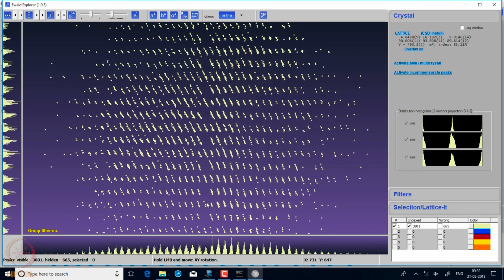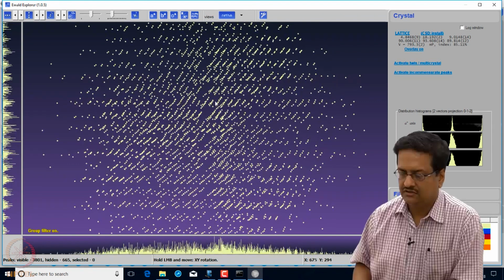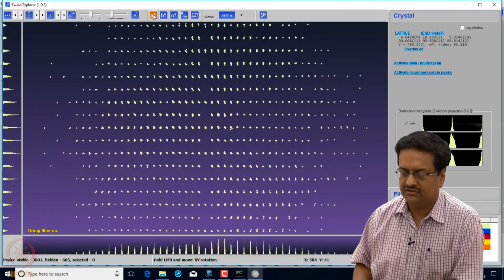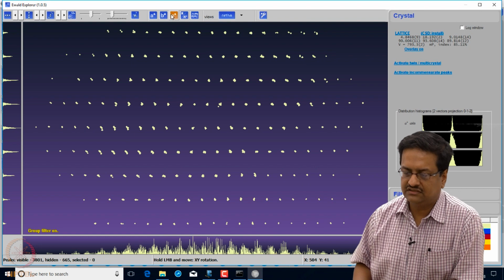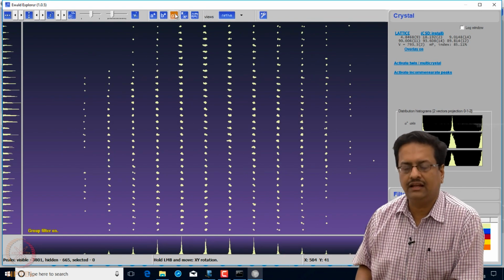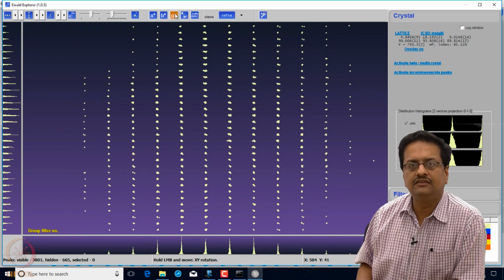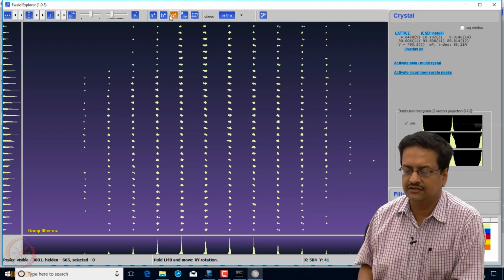So if we remove those and then try to see these reciprocal lattice points once again by increasing the size of those dots, what we can see is, if you see it along A star, B star and C star, they are all well aligned. There are no misaligned spots visible here.